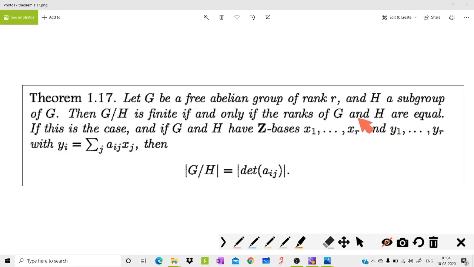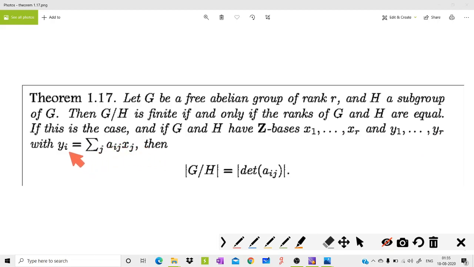This statement says that using the basis of G, we can get a basis for H. If x1, x2, ..., xr and y1, y2, ..., yr are the bases for G and H respectively, then we have yi equal to this.